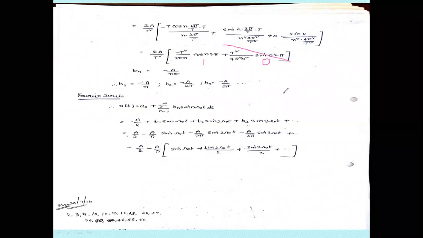So there is no second term, and the third and the fourth terms are also nothing. We have only T square by 2 pi n. And in this, the 2 gets cancelled, and the T square and T square also get cancelled. The remaining term is A by pi n. So Bn is equal to minus A by n pi.